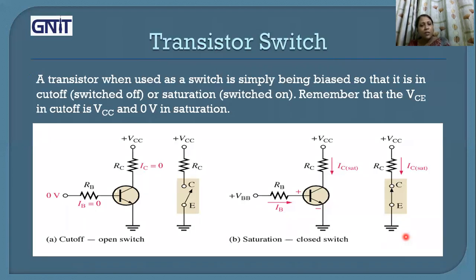So a transistor can act as a switch also. When it is used in saturation mode, the switch is on, and when the transistor is used in cutoff mode, the switch is off.